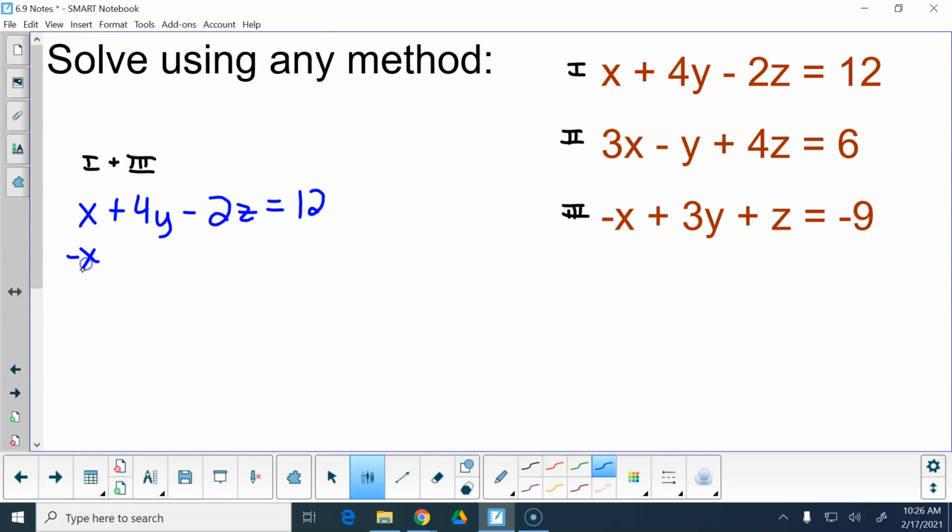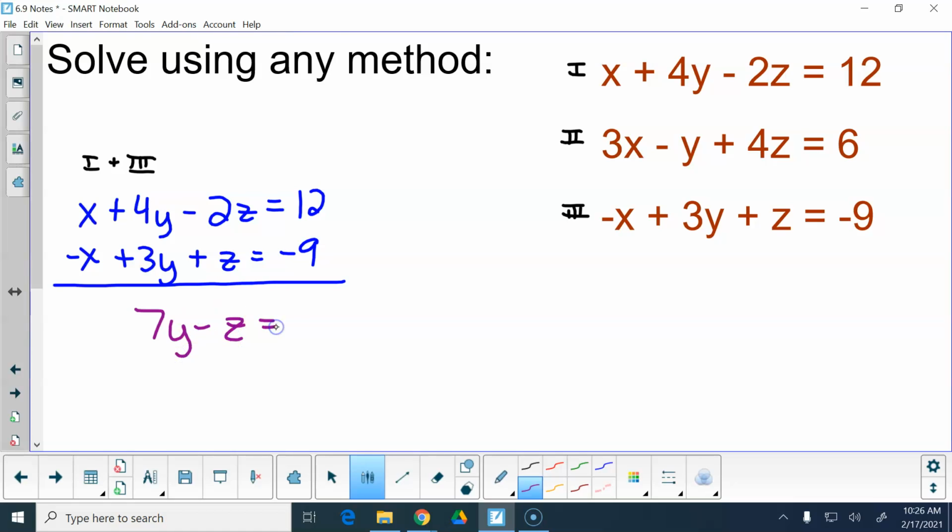Then negative x plus z equals negative 9. Add those two together, and we get 7y minus z equals 3.